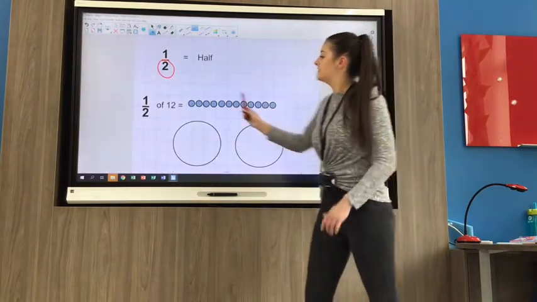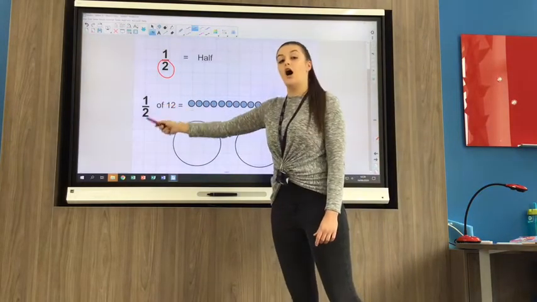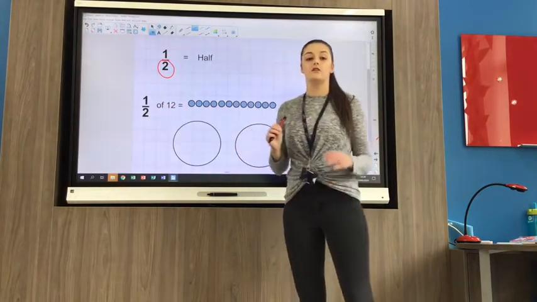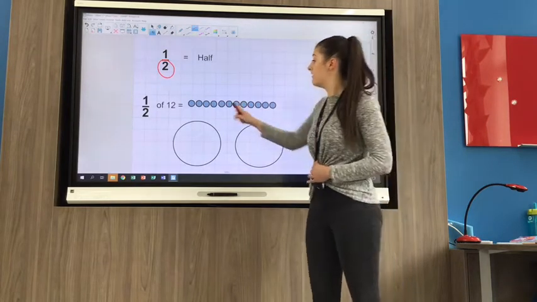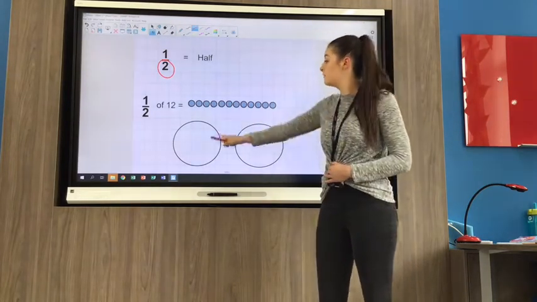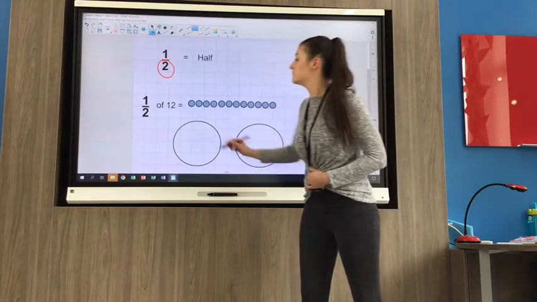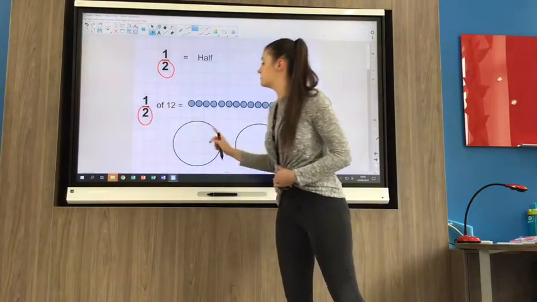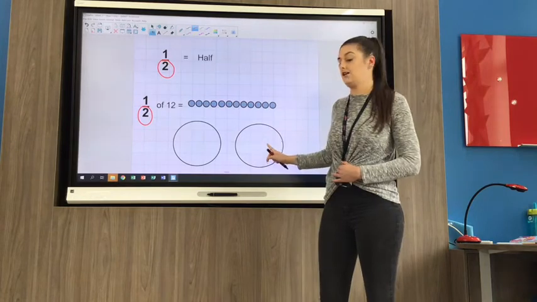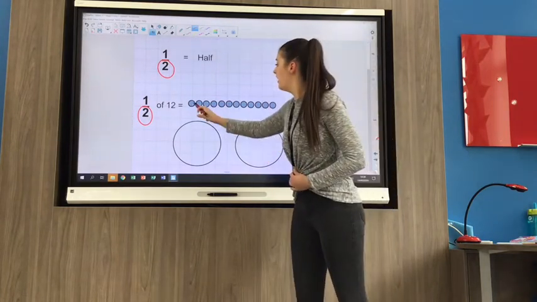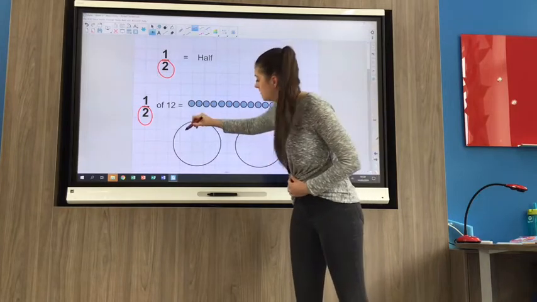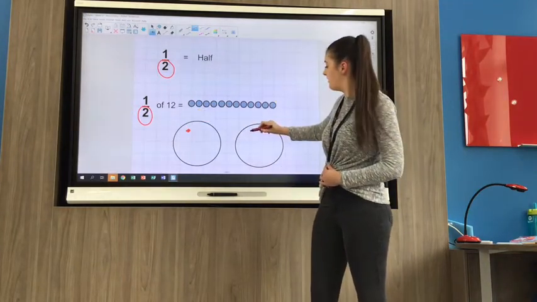I've got a number sentence here asking me what half of 12 is. You might know already what half of 12 is, so you can just write it down. But there are some objects here to help you, with two groups to put them in. Remember, my denominator tells me how many equal groups I need. So when we're halving it, we need two equal ones. I've got 12 counters here, so I'm going to draw them in here, sharing them out equally.